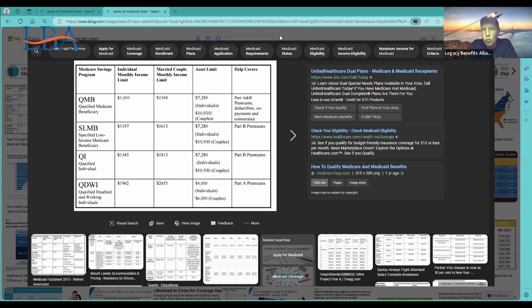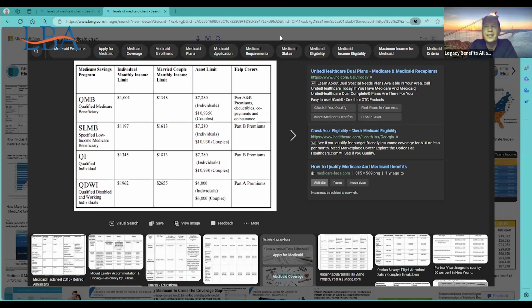Now, what I want to do with this page is break this down so you understand where some people have some shortfalls, right? So I have somebody who, let's say, is a married couple, they make 1750 between the two of them, but they have $20,000 in the bank. Guess what?